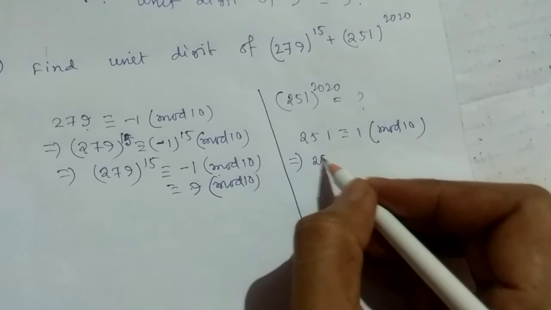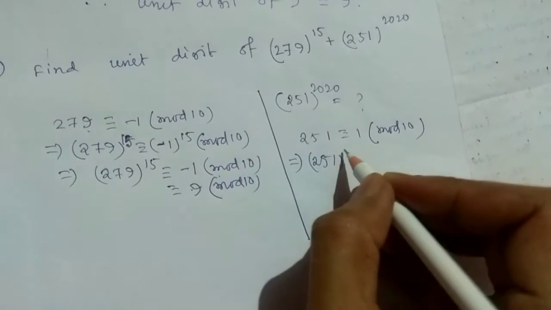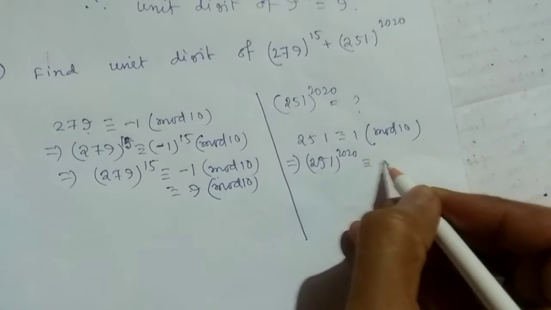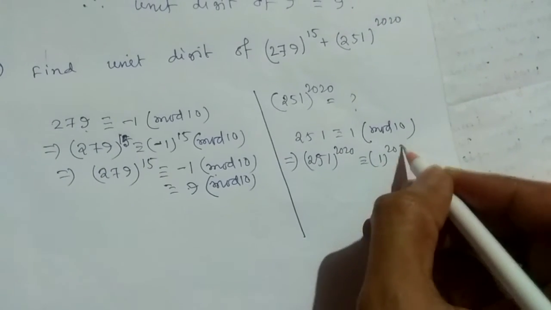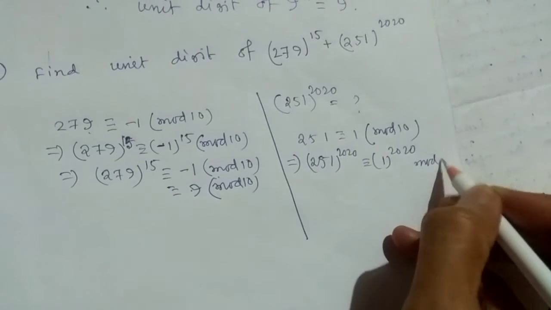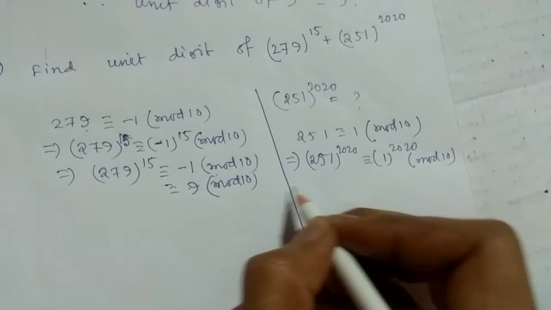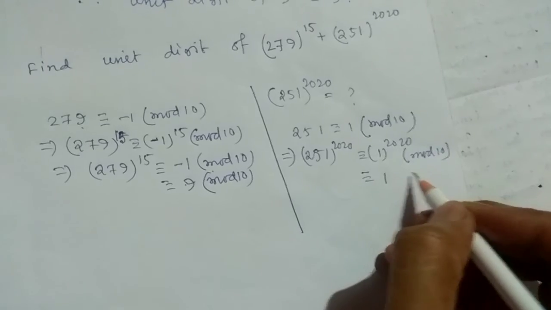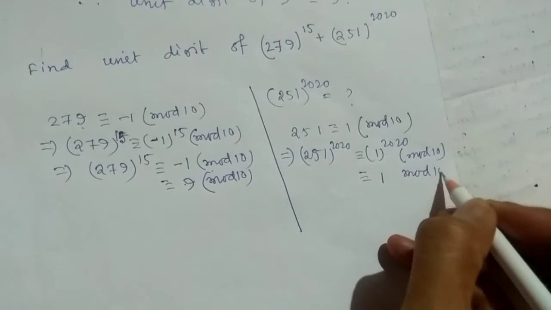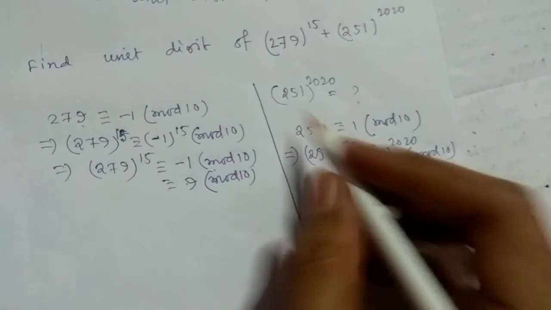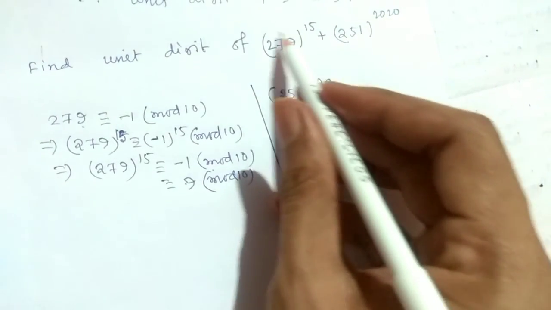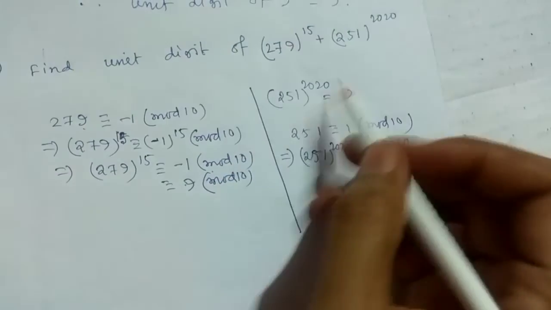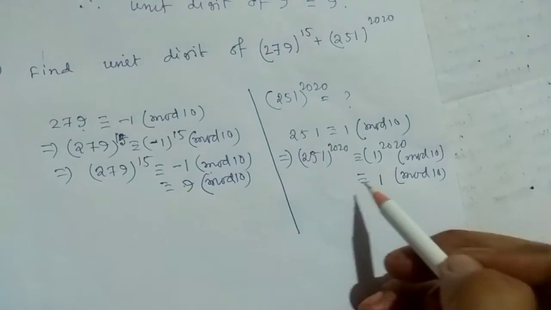Now 251 to the power 2020 is congruent to 1 to the power 2020 mod 10, which equals 1 mod 10. So the unit digit of the first number is 9, and the unit digit of this number is 1.